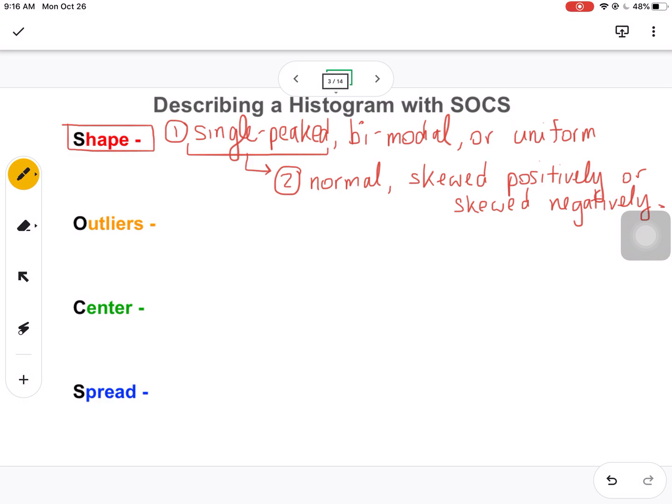So after you figure out the shape of your histogram, you're going to check if there's any outliers. Are there any outliers?